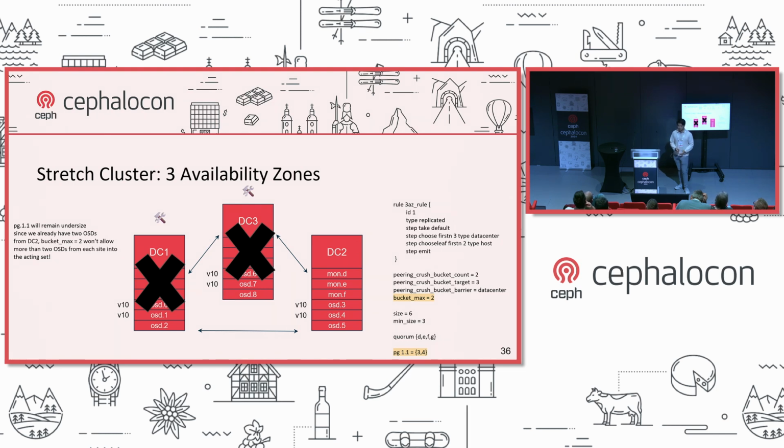So again, the peering crush bucket target creates this bucket max, which prevents us from overloading DC2 and potentially going active and facing a scenario where there's data loss.